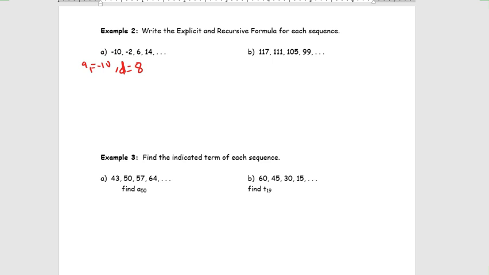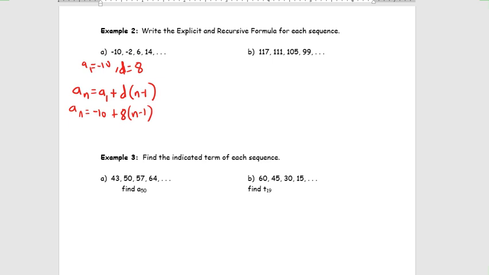So we can just take that information and plug it into the formula. A sub n equals a sub 1. Now, like I mentioned above, I'll write the difference on this side. Okay, so let's plug that information in. A sub n equals, what is a sub 1? That's negative 10. Our difference is 8 times n minus 1. Now, we're not going to leave it like this.